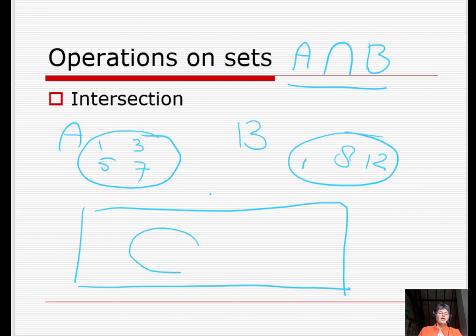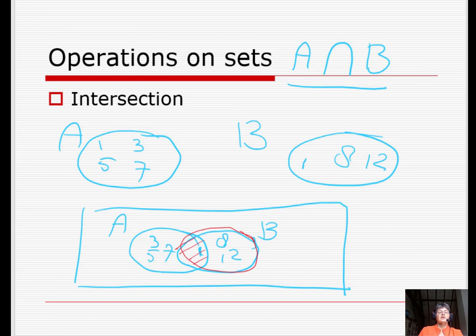So we have here set A with 3, 5, 7, and I'll put the 1 here because that one overlaps with B. So 1, 8, 12 is B. So this one here is B. Then the intersection are all the elements which are in this part. So A intersected with B.